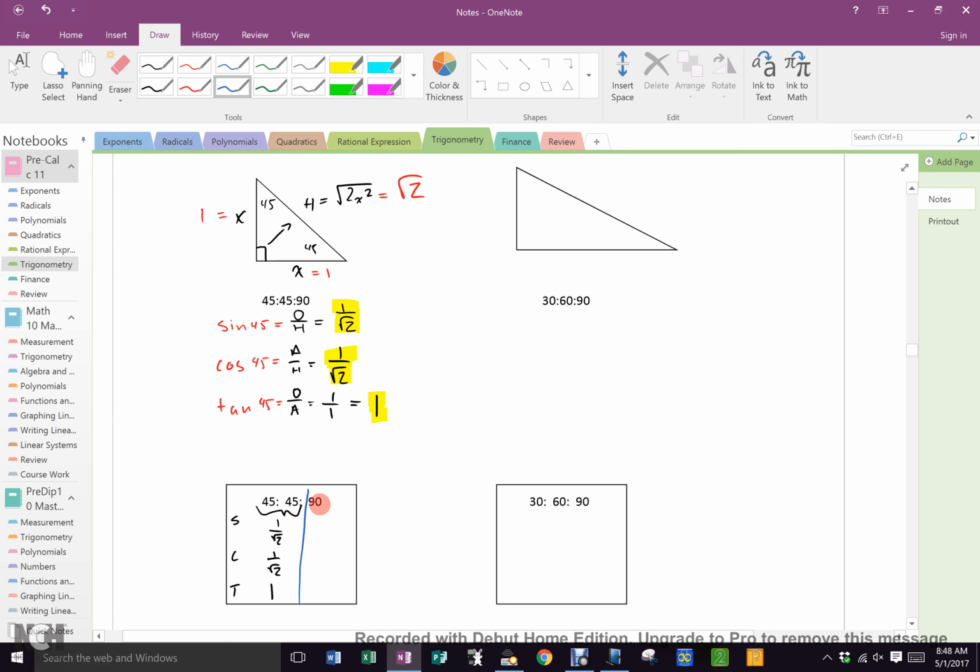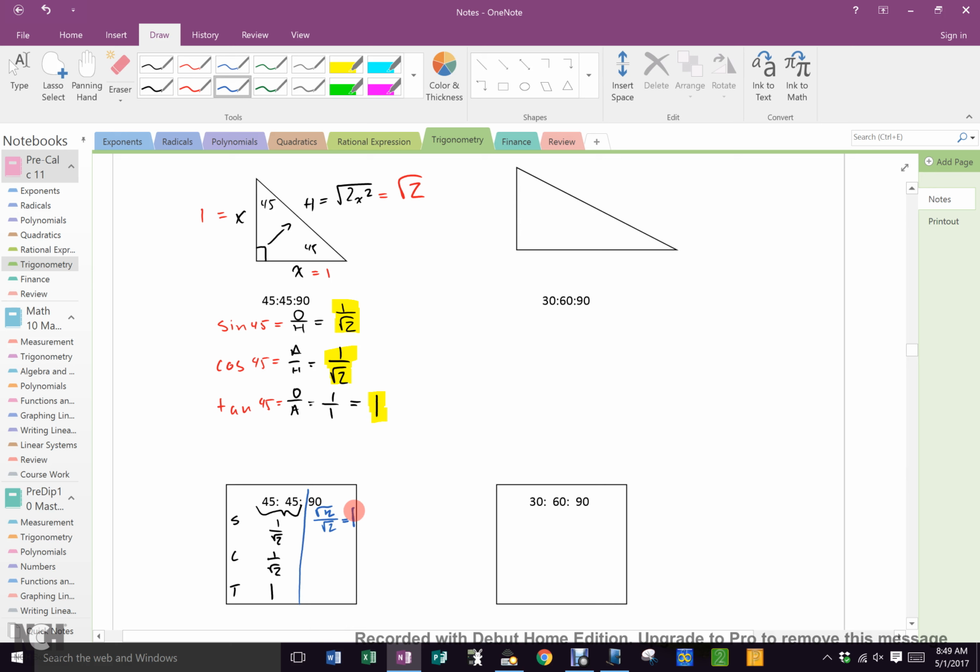So what would the sine of 90 be? Sine is opposite over hypotenuse, yeah? Everyone agrees? What is opposite of the 90-degree angle? The hypotenuse. So opposite is what? Root 2. What's the hypotenuse? Root 2. So therefore, what must the sine of 90 be? 1. Check on your calculator.